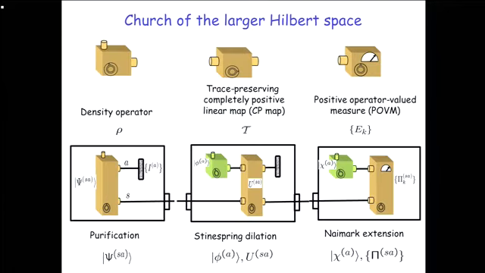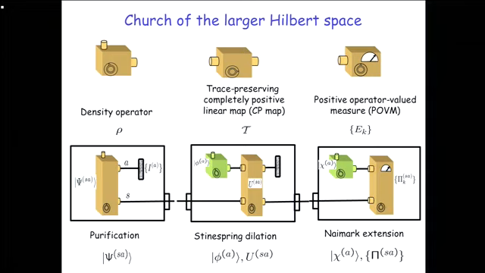In the first week, I emphasized this parallel between preparations, measurements, and transformations. If you have a density operator, it's always possible to find a purification of it, which means it's always possible to make a preparation associated with that density operator wherein you prepare a pure state on two systems, S and A, and then you throw away the A system.